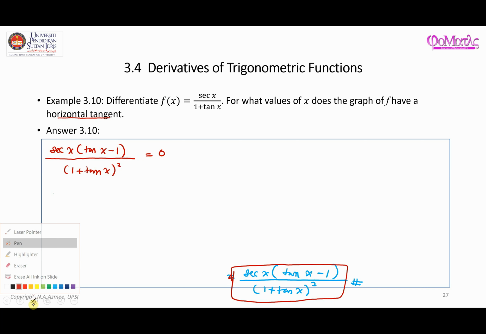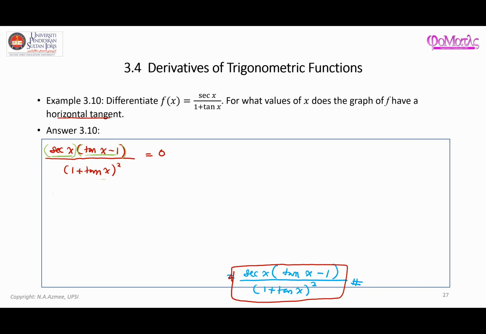I hope you can see that based on the construction of this equation, the factors that play a role in making the whole expression become 0 are these two factors here, secant of x or tangent x minus 1. If this is equal to 0, then the whole thing becomes 0, or if this becomes 0, then the whole thing becomes 0, yeah?